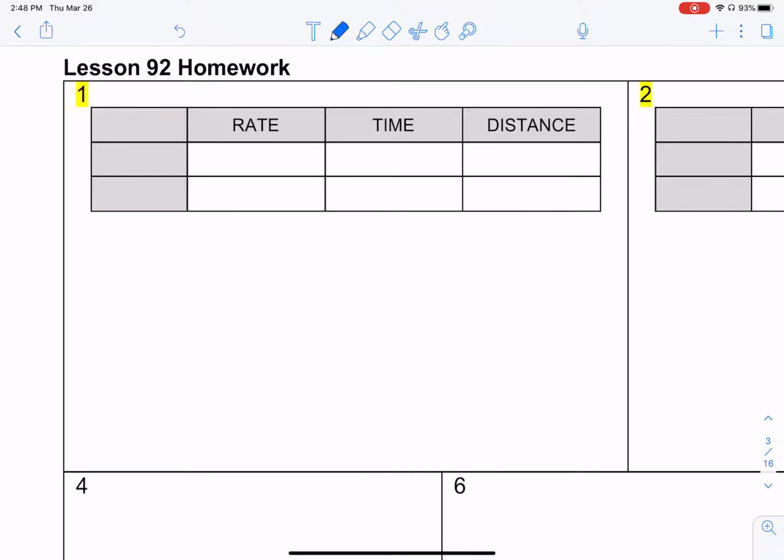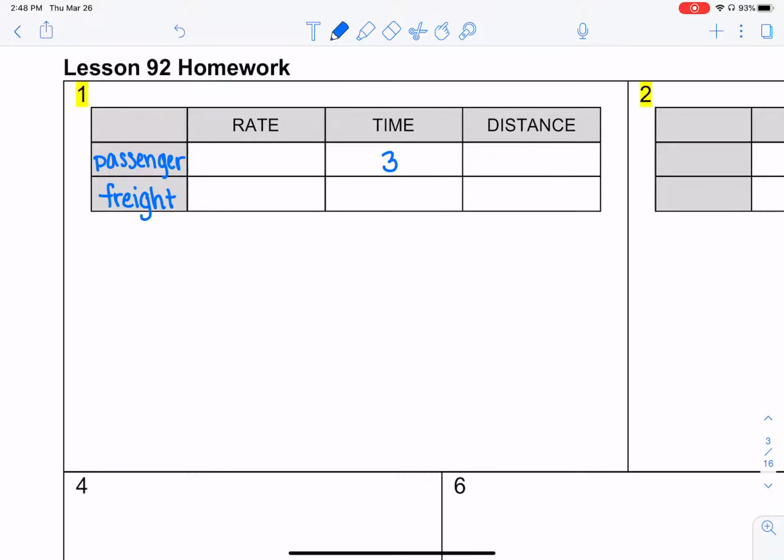Okay, when he asks you to draw a diagram, I've already put the chart in here for you, so that is essentially our diagram. So we're going to go back and pull information. The two things happening in this one are a passenger train and a freight train. They're the ones that have different rates. The passenger train made the trip in 3 hours, so that is his time.